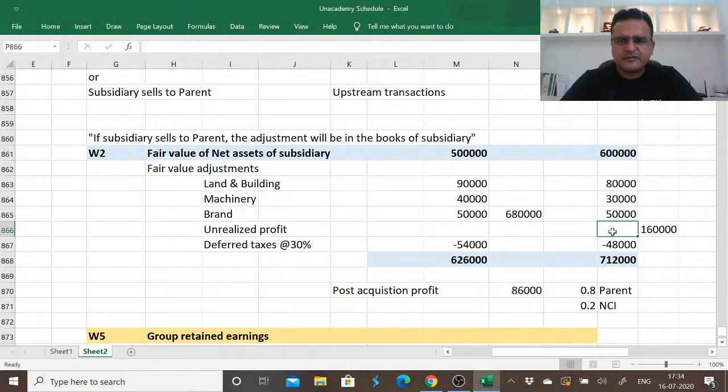In the absence of this, the calculations would have been simple, and if there is any unrealized profit, we need to deduct that unrealized profit from our earnings. Our earnings are reduced by that amount.